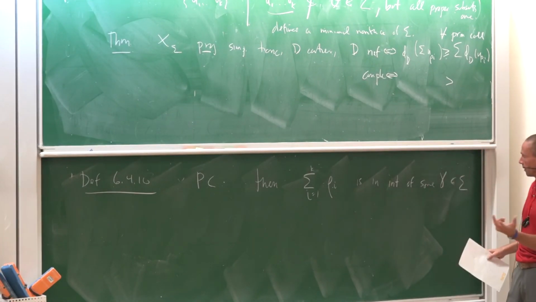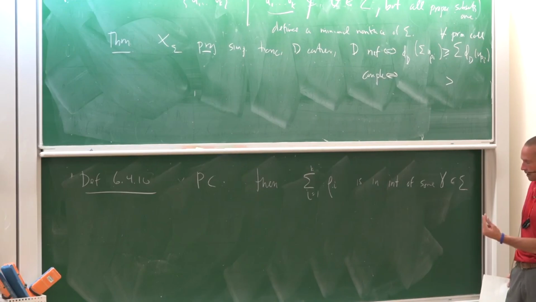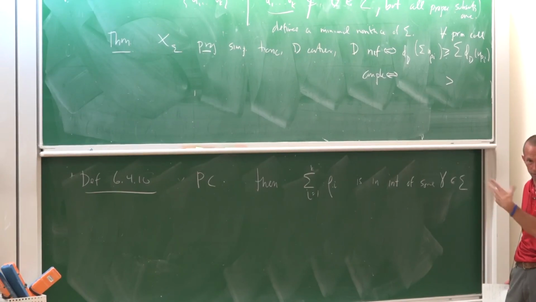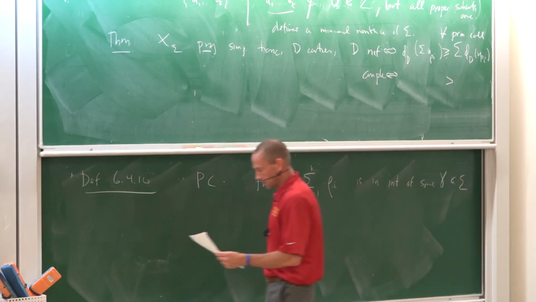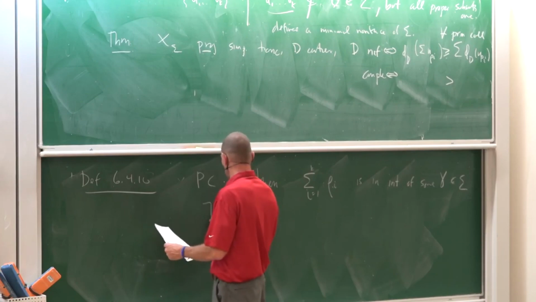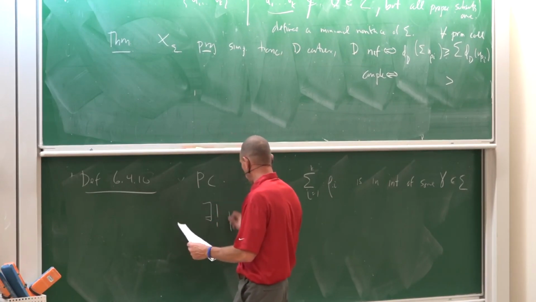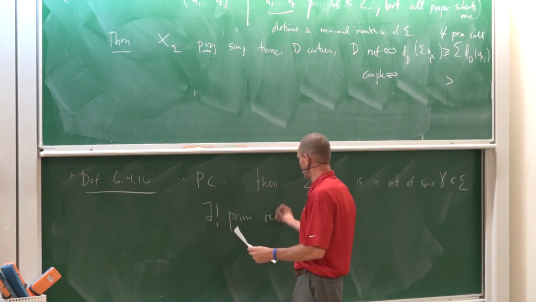If I add all these things up, that's going to have to lie in the interior of some cone. It can't lie on a face, because if it lay on a face, then those things would be contained in that face, and then I'm not a primitive collection. So the point is that there exists a unique primitive relation.